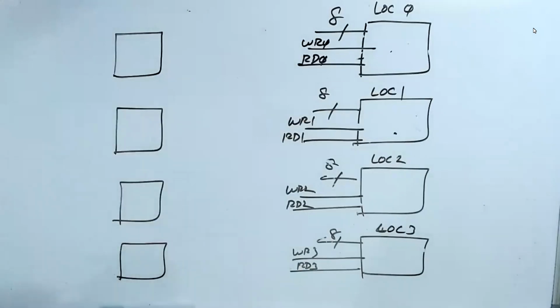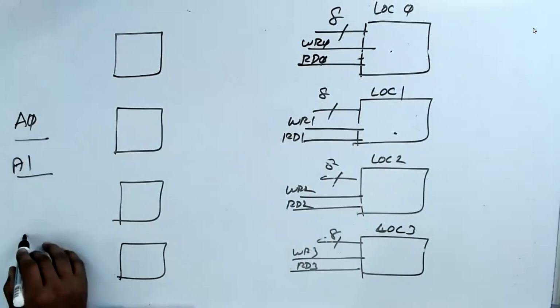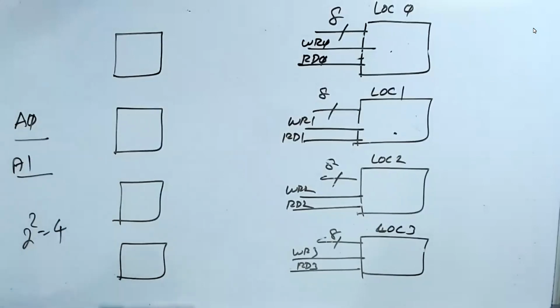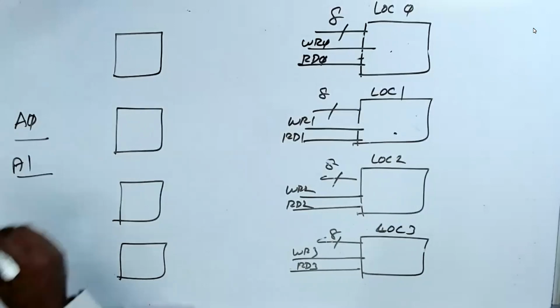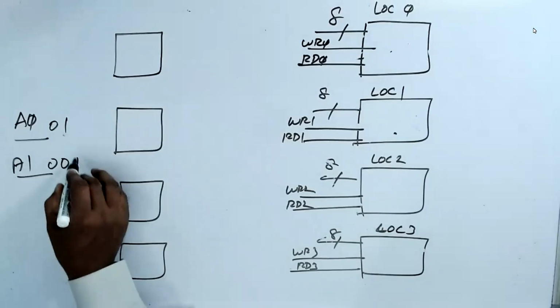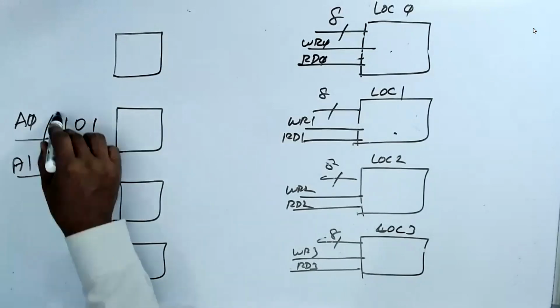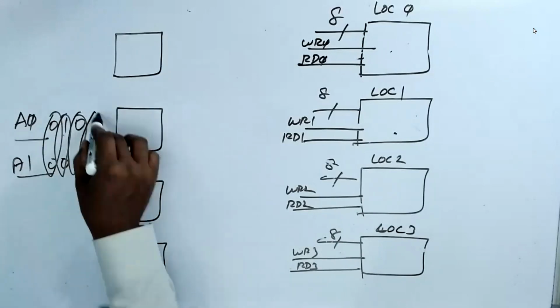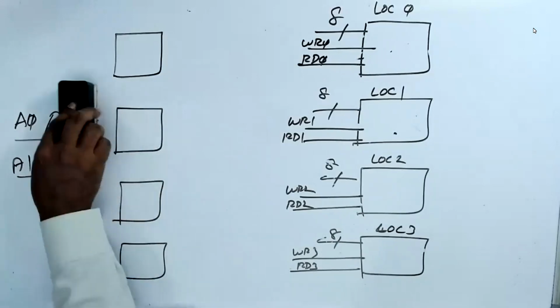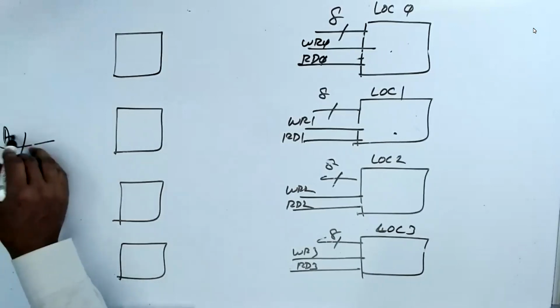Since I have 4 locations, I have two inputs, A0 and A1, because 2 power 2 is 4. I can give either 0,0 or 0,1 or 1,0 or 1,1. That's all, the 4 combinations. Now, what we are doing here is, let me draw this in a cryptic way, bus-wise, A, /2.